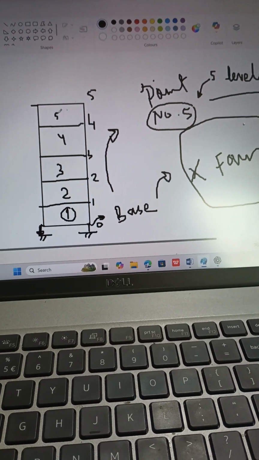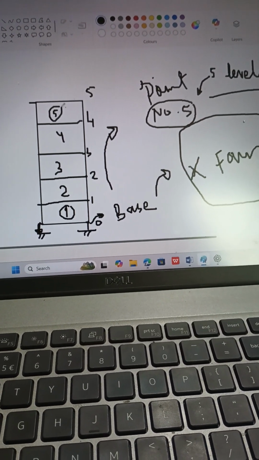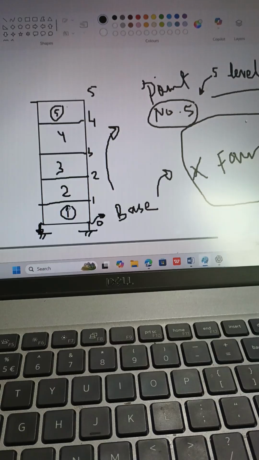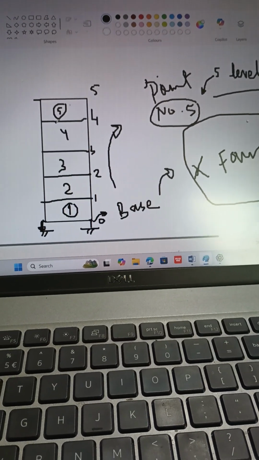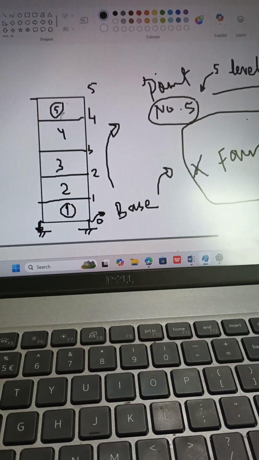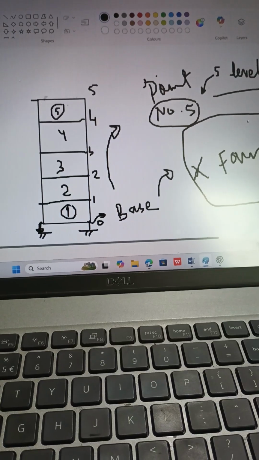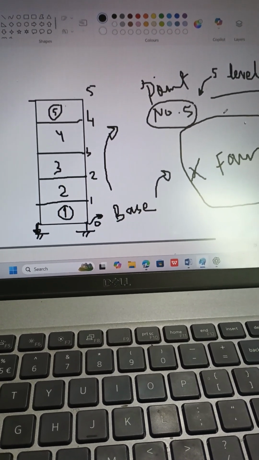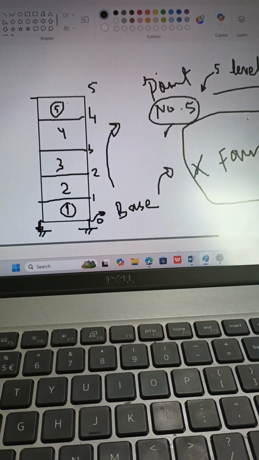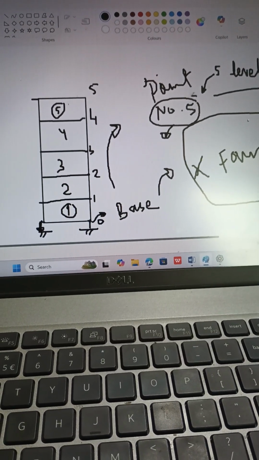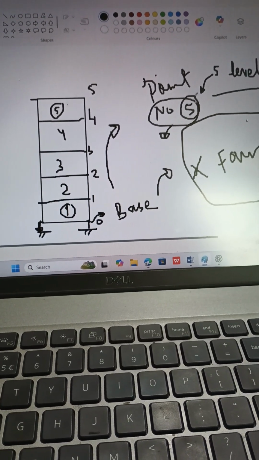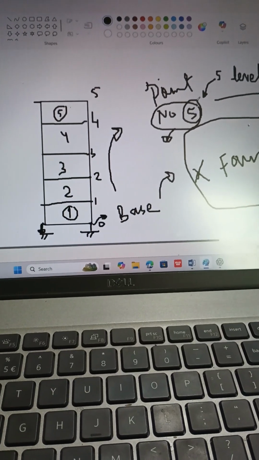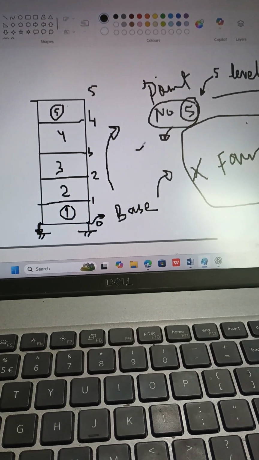So actually in this building we have 5 stories, because I have 5 levels here, 1, 2, 3, 4, 5. That's why I can say the number of stories are 5, right? I hope this makes sense.